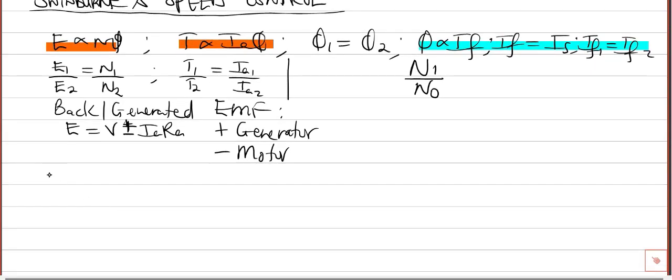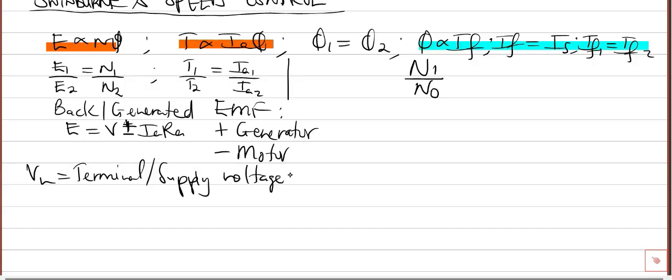So symbols which we then need to know: VL serves as our terminal or supply voltage. We have IL. This, depending on the circuit, could be referred to as either an input or an output, but if there's anything, it is the full load line current.